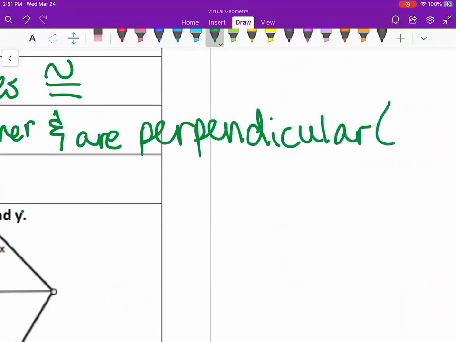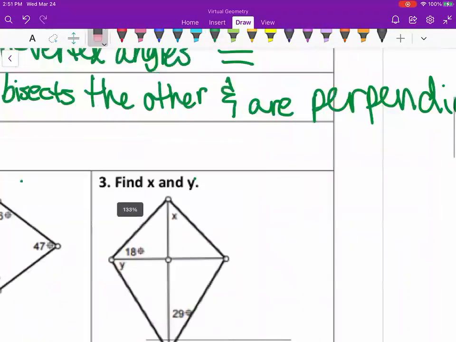So remember, perpendicular again means they're going to make 90 degrees. So let's see where that is.